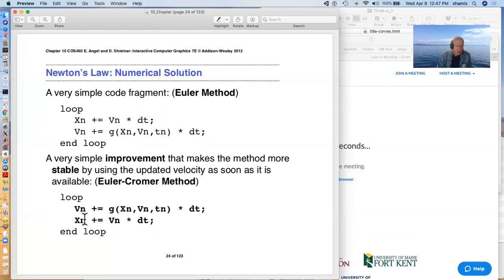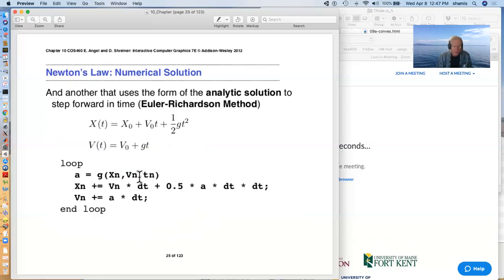If we exchange the order here so that we calculate the v first, and then use that new updated v to update x, we have an improved method that is more stable. It's stable because it's a two-point method. It uses information at the beginning and at the end of the interval, and this is called Euler Cromer.